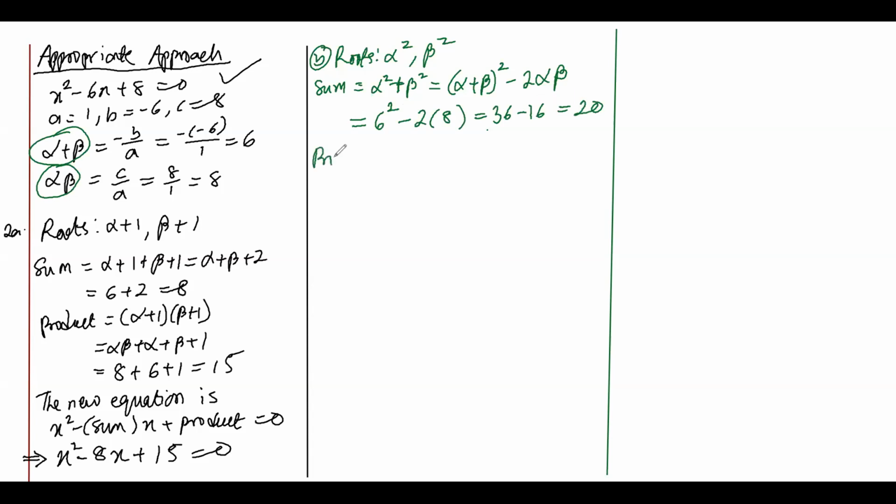The product, alpha squared beta squared. What do we do now? Bracket factorize, alpha beta, and then squared. Well done. So that is 8 squared, which is 64.